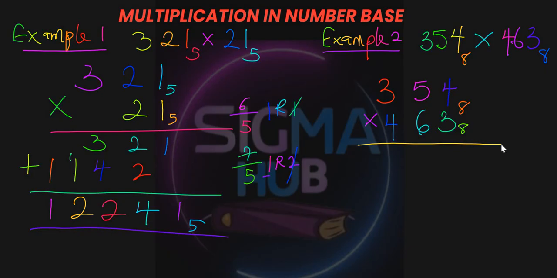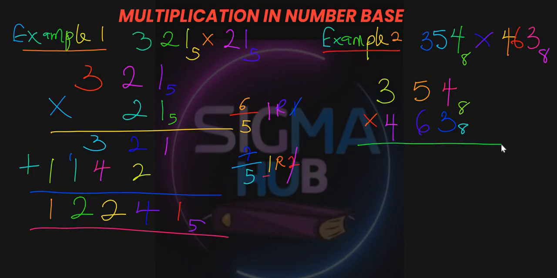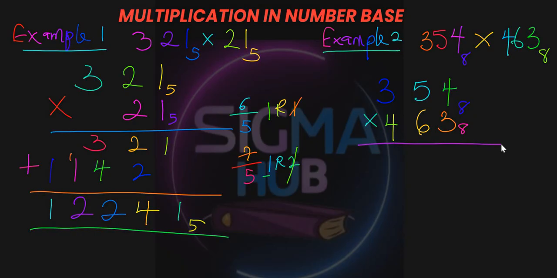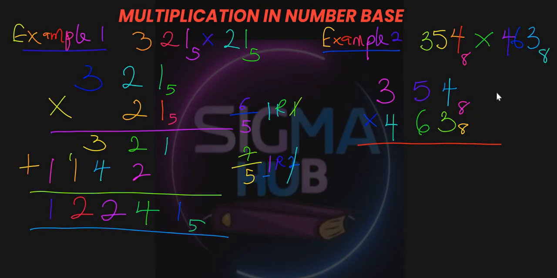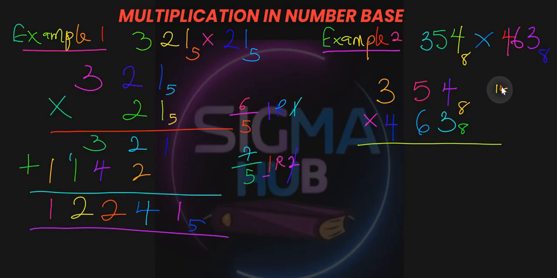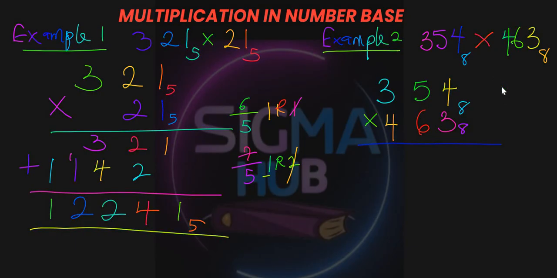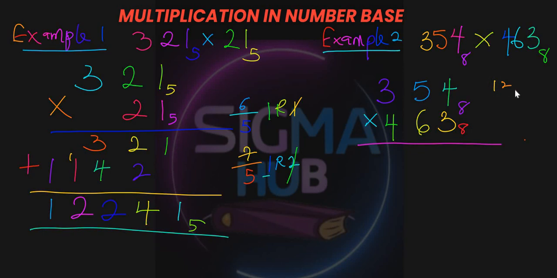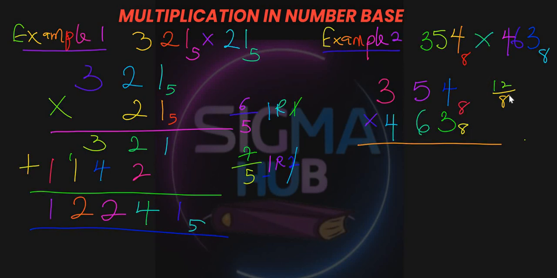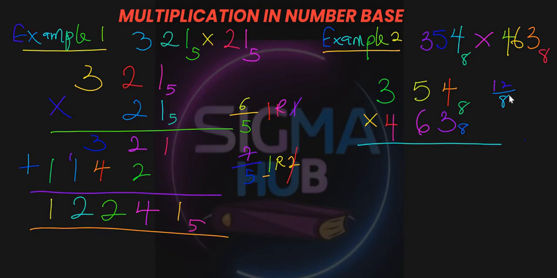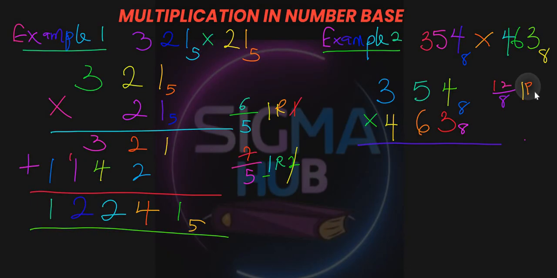So I'm going to be looking at this using the same procedure. 3 times 4 is 12, but 12 is not a number in base 8. So I'm going to use 8 to divide 12. We are dividing by 8 because the base we are considering here is base 8. Which is going to be 1 remainder 4.